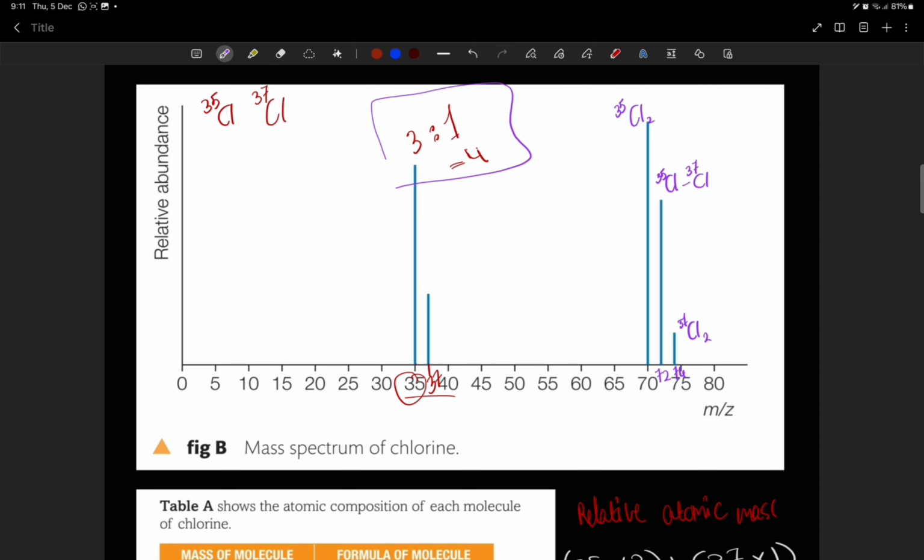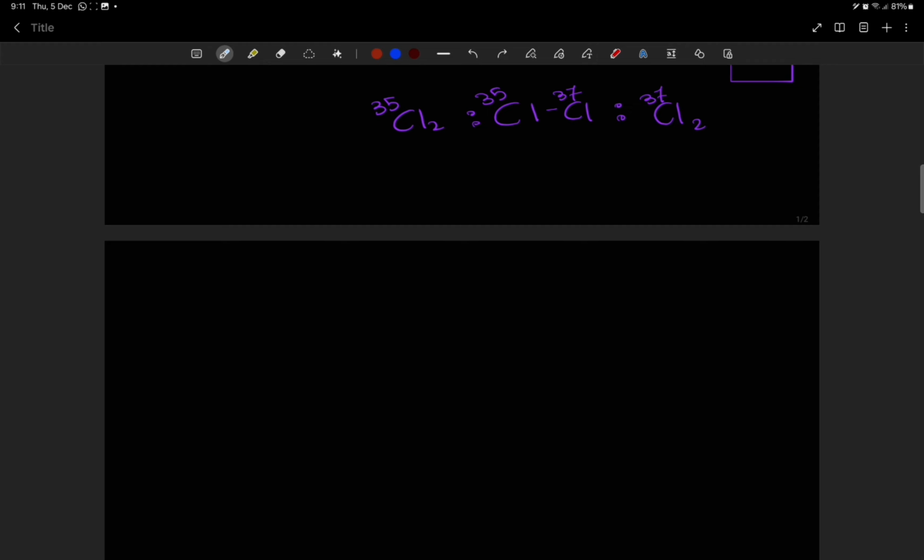And 1 out of 4 is chlorine 37. Okay, how does this help me? Let me show you. I said that the ratio of Cl35 to Cl37 is 3 to 1, right? That means the total for these two is 4. The chances of me finding a Cl35 atom is 3 out of 4.